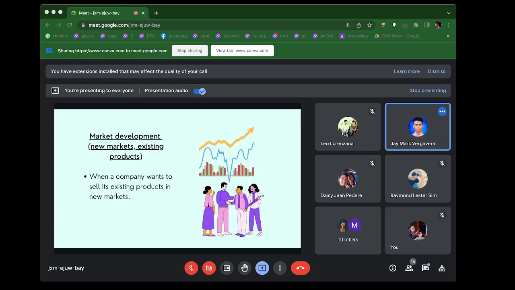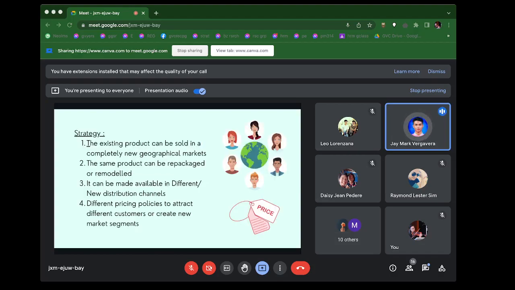And third, it can be made available in different or new distribution channels. Like, the company can sell through online. And fourth is the different pricing policies to attract different customers or create new market segments.